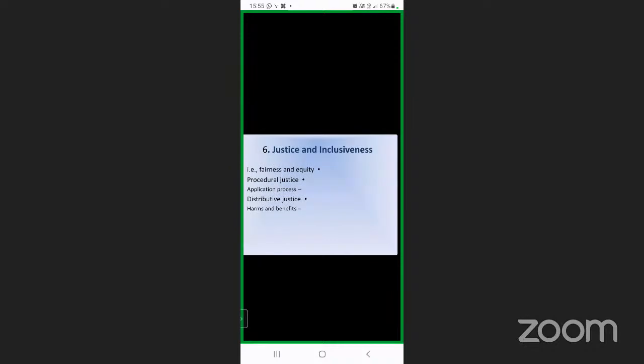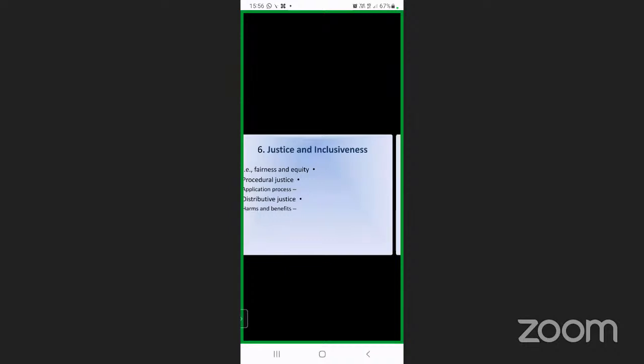So here we are trying that the process or the ethics must be focused, must be controlled by this fairness and equity. Then procedural justice, it may be received. Then application process, that is distributive justice, and we should know as we discuss the harms and benefits.